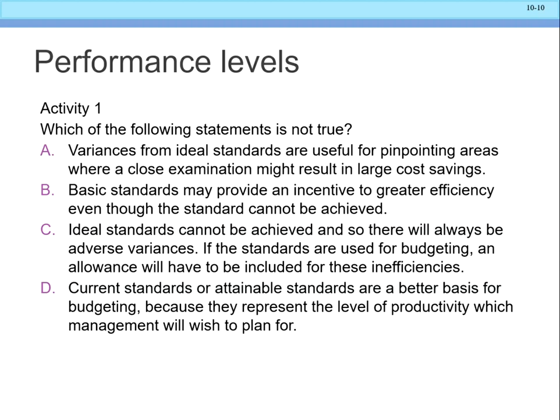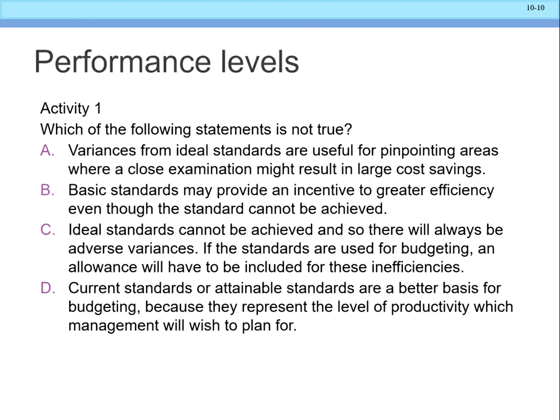Okay, so which of the following statements is not true? First, variances from ideal standards are useful for pinpointing areas where close examination might result in a large cost savings.